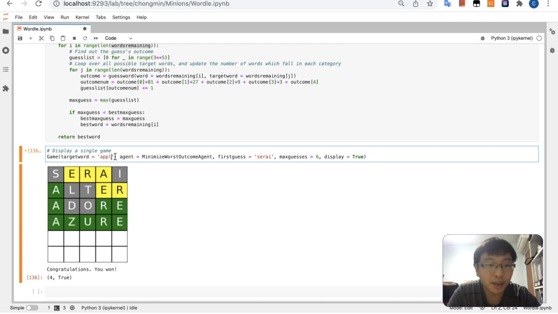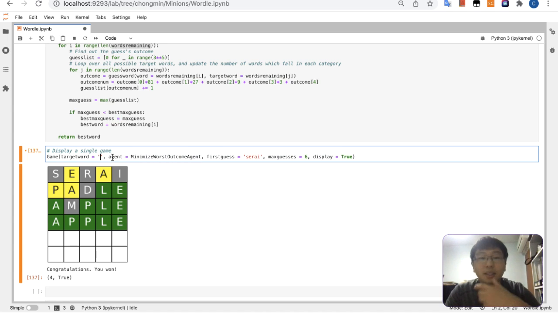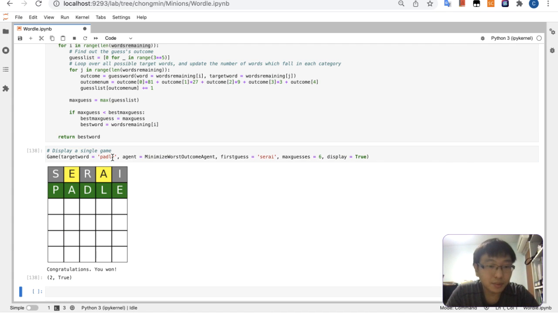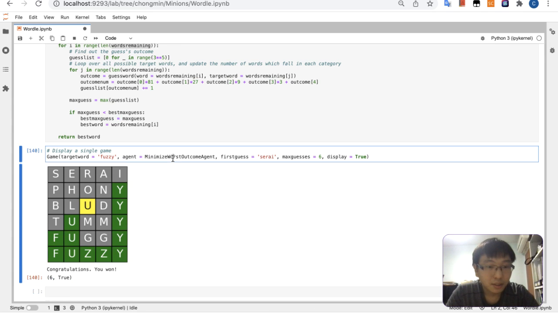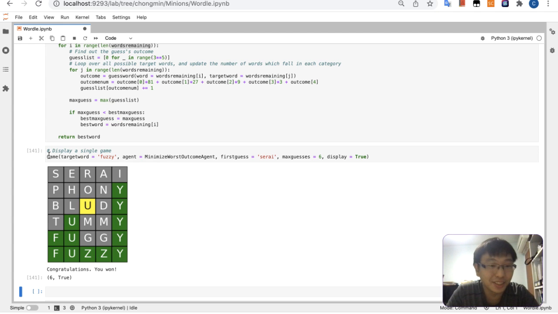So maybe we can try Apple now. How about, let's see, what else should we try? Pedal. Oh, okay, that was fast. So maybe something harder, fuzzy. Oh, not too bad. No, it's really not too bad.